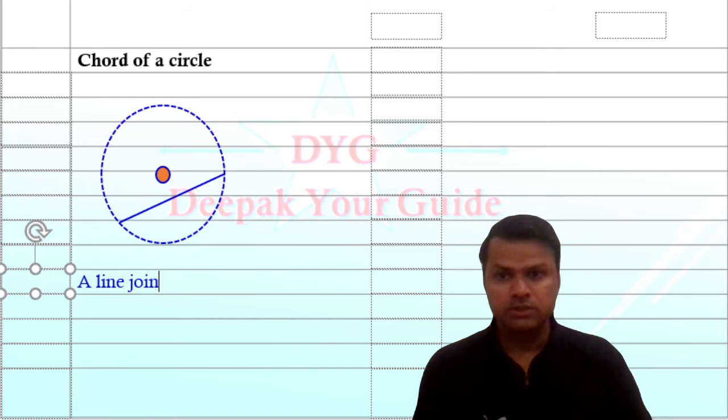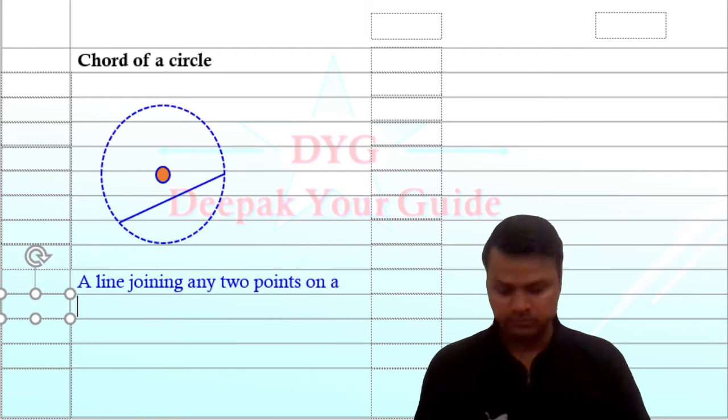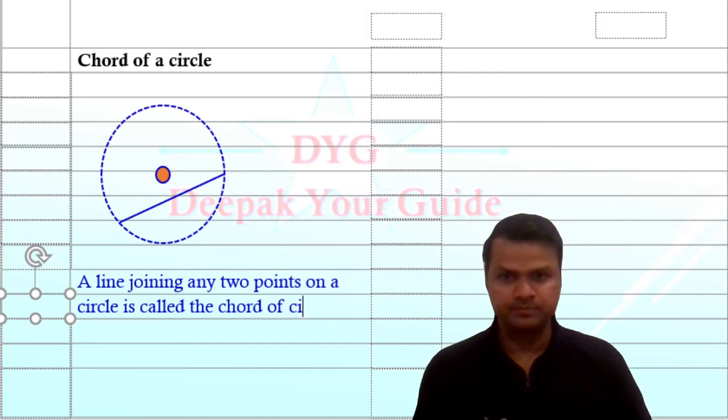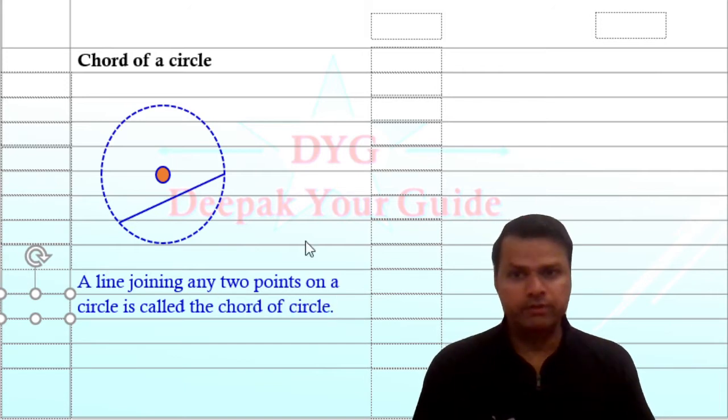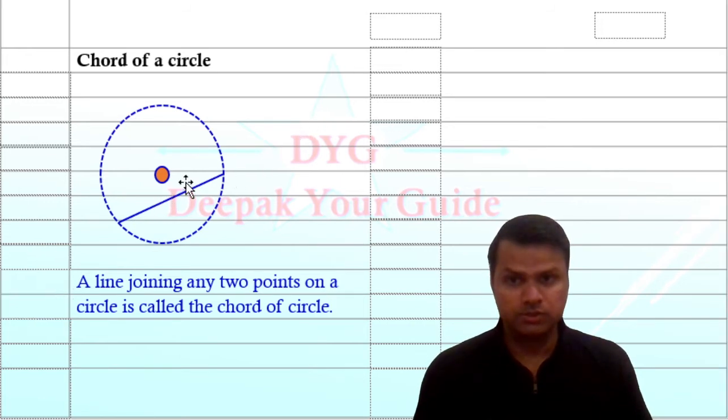A line joining any 2 points on a circle is called a chord of the circle. Whenever we draw a line segment joining any 2 points on the circle, we call it a chord of a circle. So this is the chord.